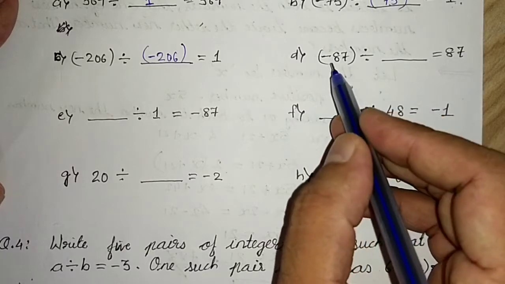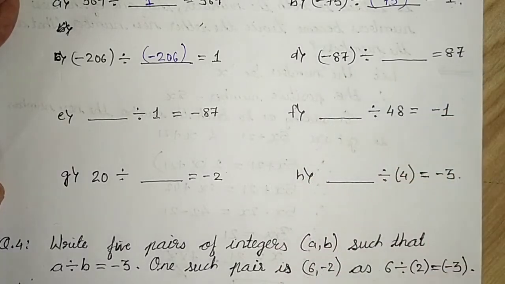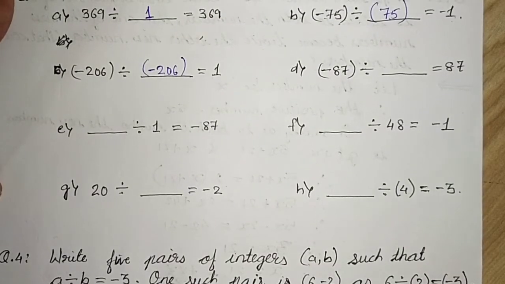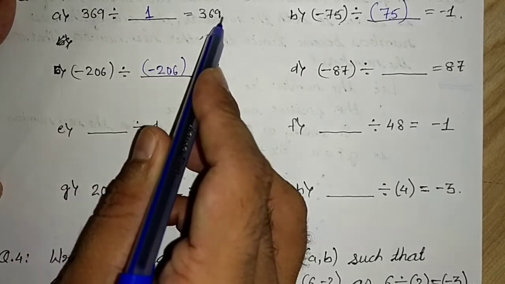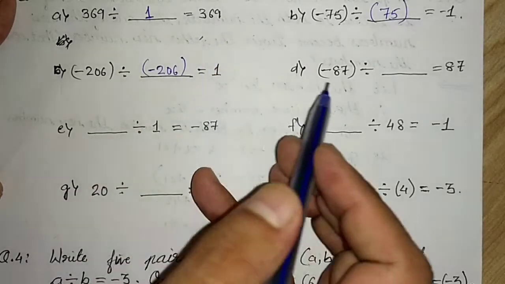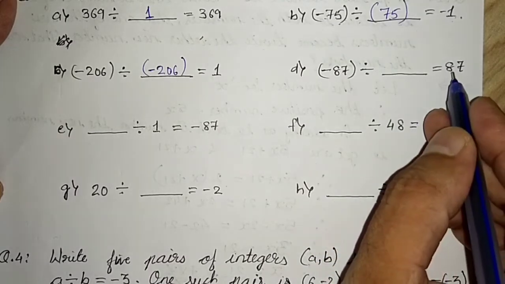Part D, minus 87 divided by dash number will give me the answer as 87. If you look at part A, 369 divided by dash gives me that number only. Here also we have the number 87 in the answer, but with positive sign.